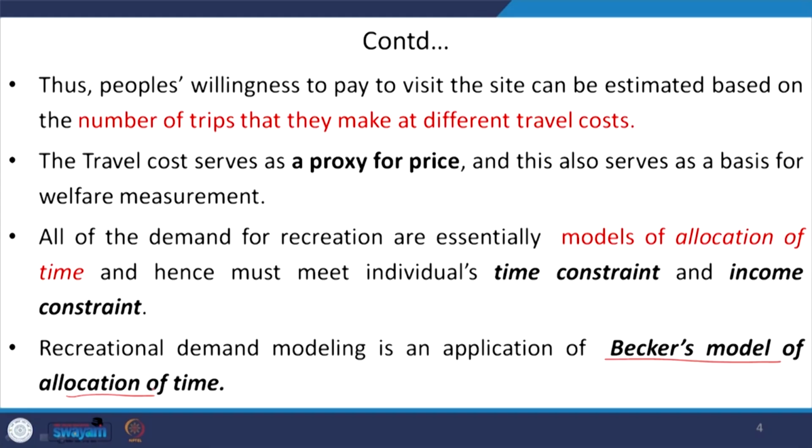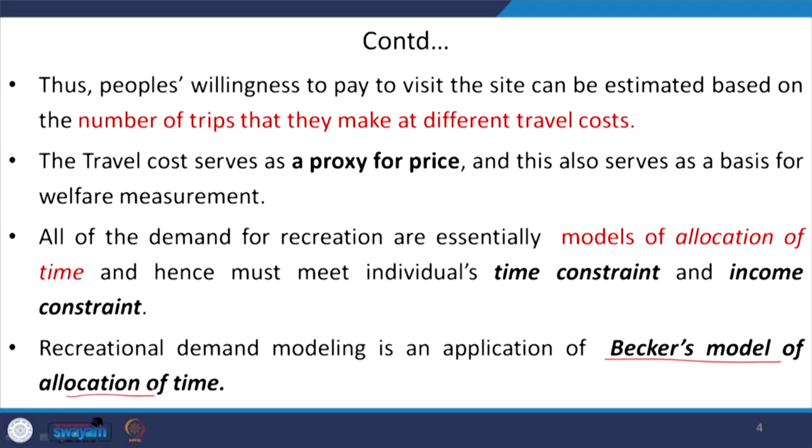If you try to understand Becker's model, it was basically talking about a theory of allocation of time. So, he talked about this theory of allocation of time in 1965, and based on this understanding, he tried to find out how the household times are being allocated and how it can be valued.